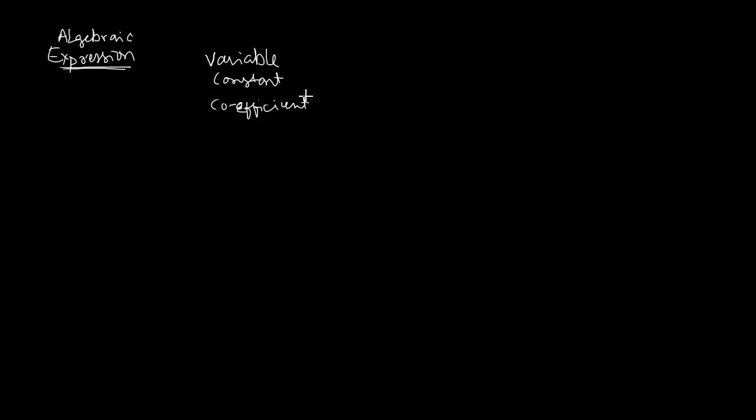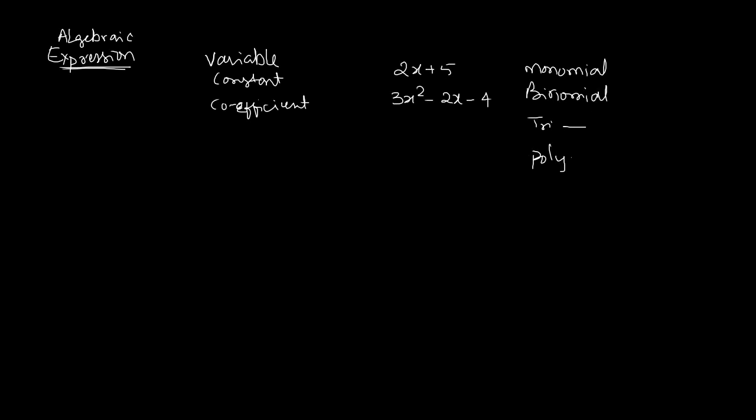So now if I write an example, we all had different types of expressions, 2x plus 5, 3x square minus 2x minus 4. But during that time we also learned monomial, binomial, trinomial, and so on, trinomial or polynomial.